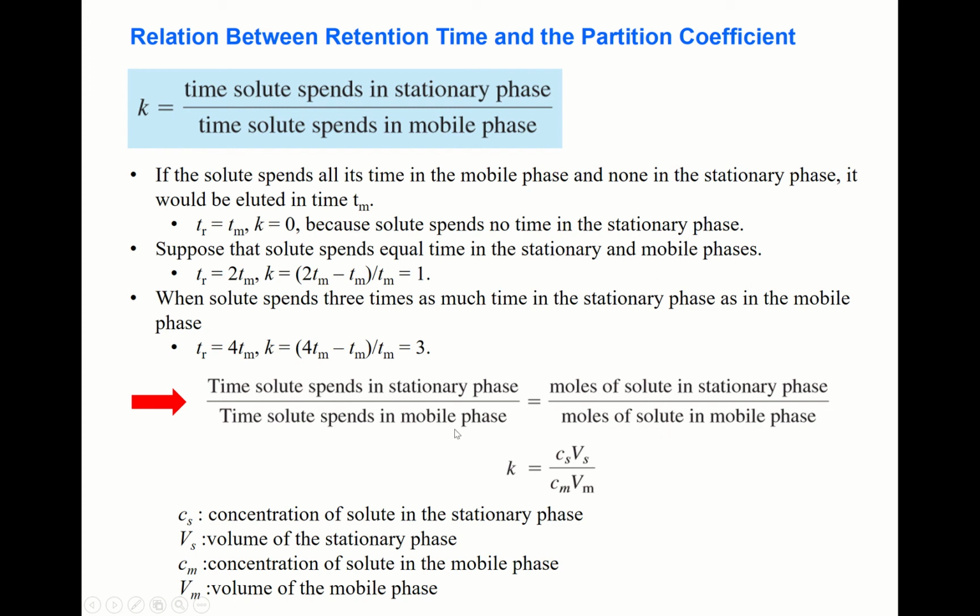This equation holds, and k can be expressed as cs multiplied by vs divided by cm multiplied by vm.